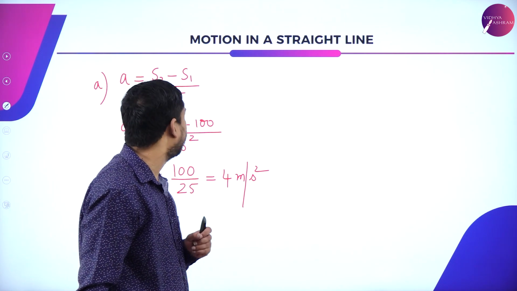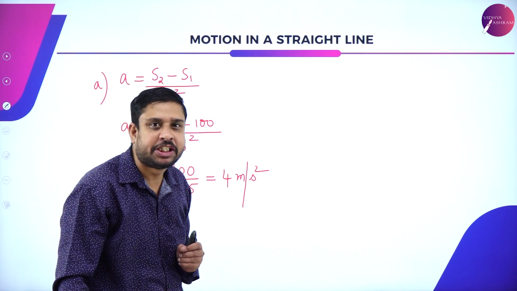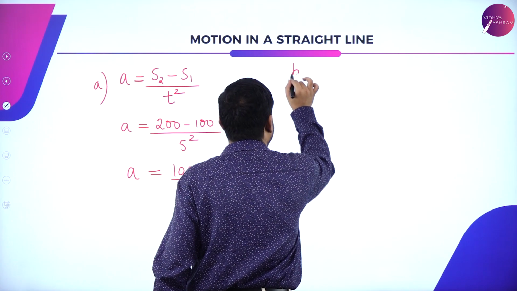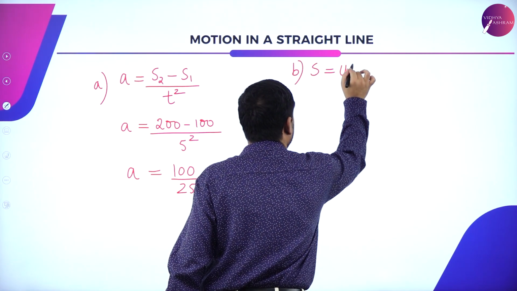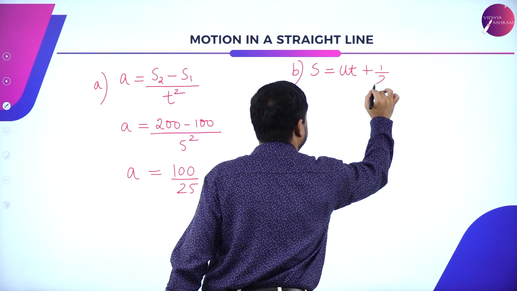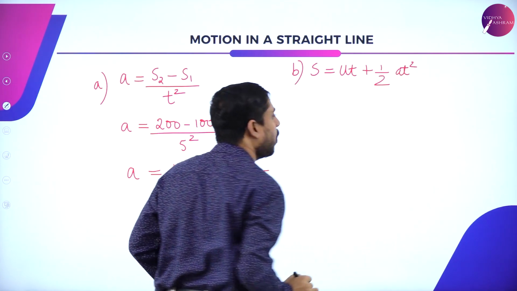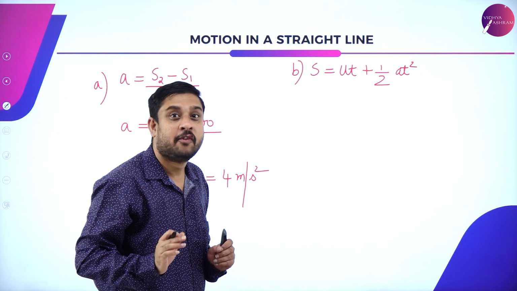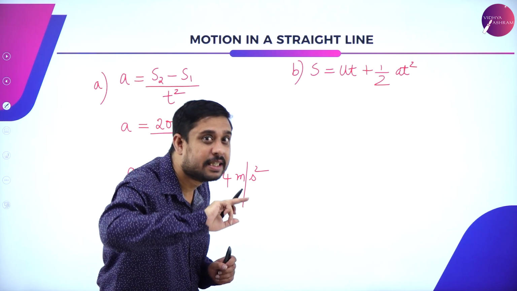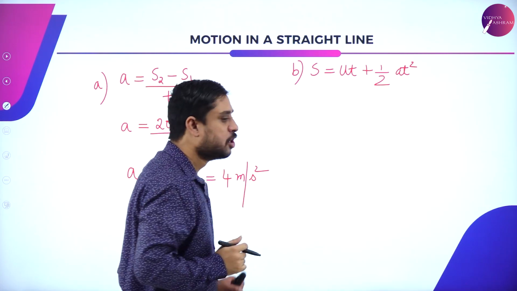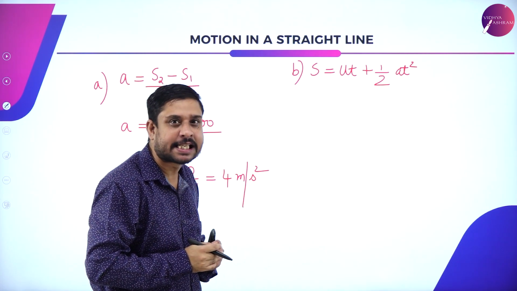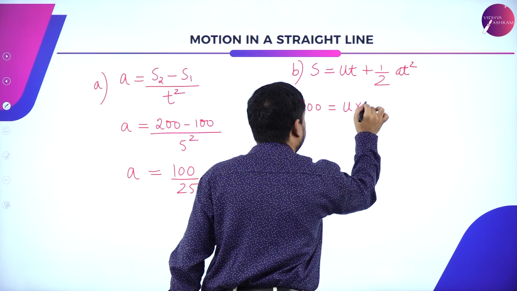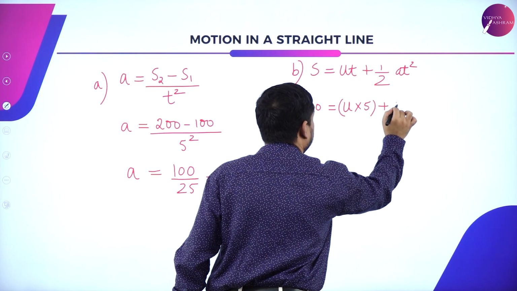Next, I have to calculate the initial velocity of the body, for which I refer the equation s equals ut plus half at square. Now, what is s here? First 100 meters, then 200 meters. So, the actual distance traveled is 100.